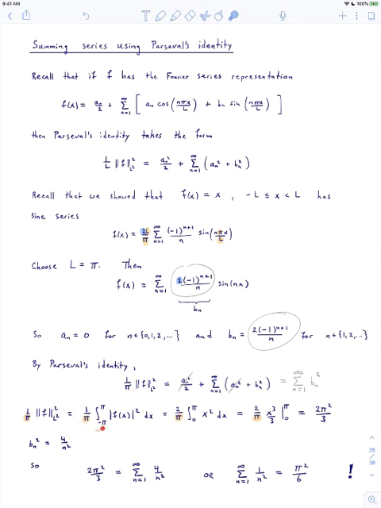So it's the integral from minus L to L, so minus pi to pi, of f at x squared. But f at x is just x. We're just looking at the function, f at x equals x. So that's x squared. So you integrate that, that becomes x cubed over 3.